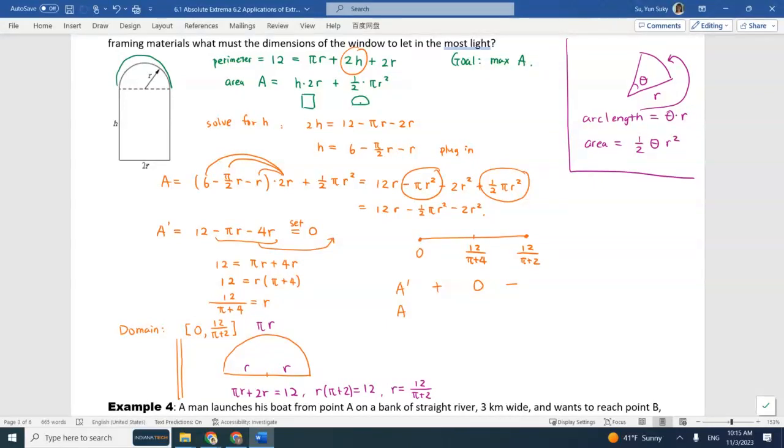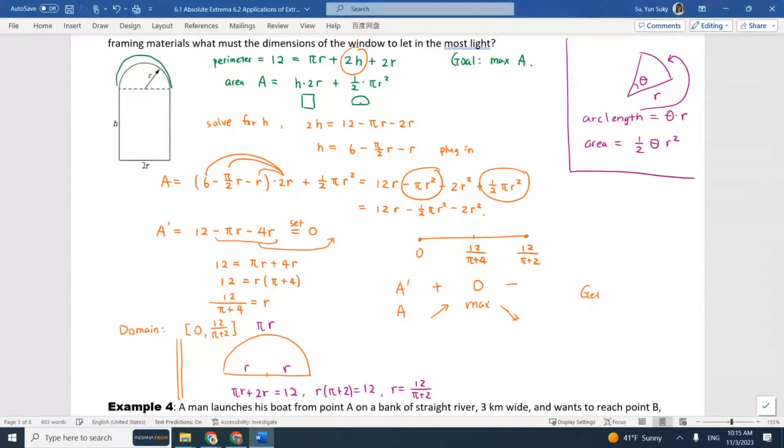Yeah, everybody? But if you have your calculator, feel free to put this in your calculator. You also get negative. If your A prime is positive, then your A is increasing or decreasing? Increasing. If your A prime is negative, then your A is decreasing. So what is that?